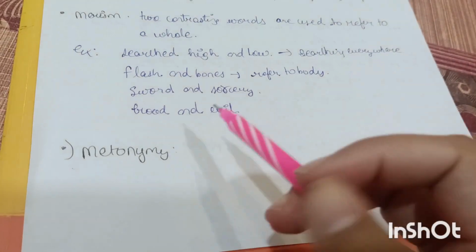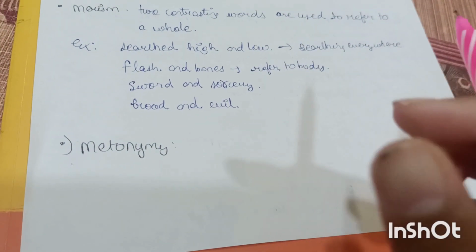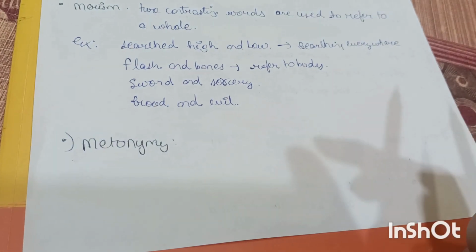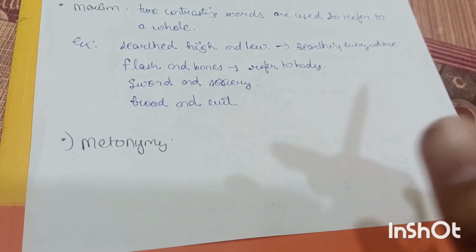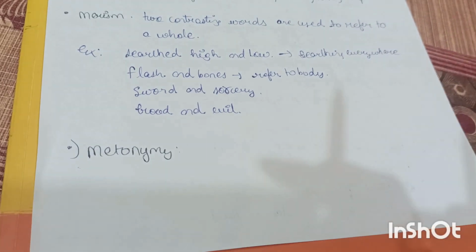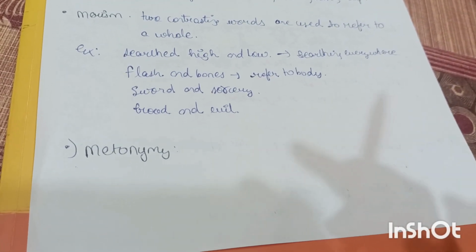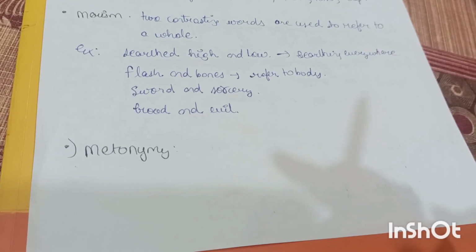Okay, so the next one is metonymy. So in this case what happens is that we are using some words in place of other words. Okay, but those are related to each other. Okay, if we are replacing one word with another, we have to choose carefully so that they are related to each other.